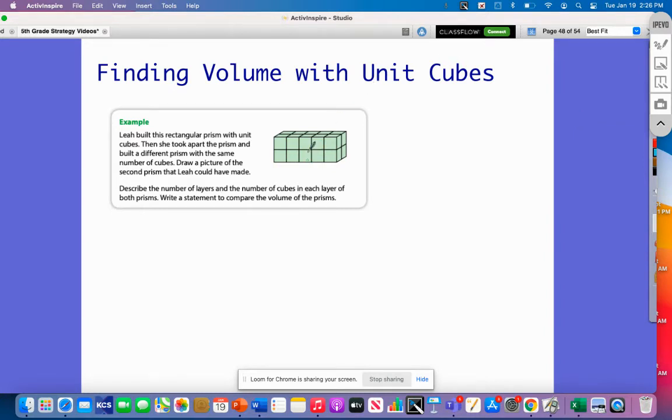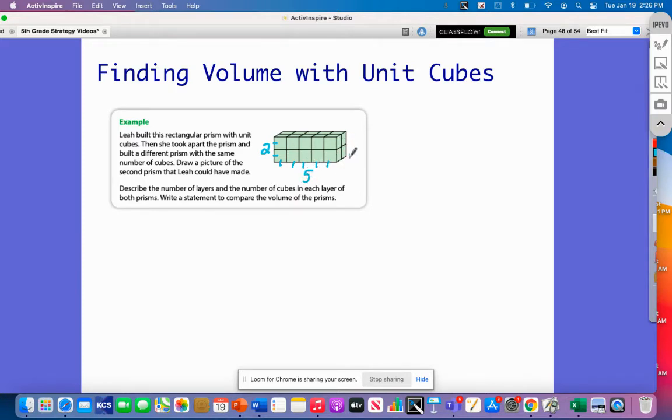Okay, we're going to look at this prism right here. It doesn't matter which one you call length, width, or height, as long as you have 3 measurements. This right here would be 2, because I can count 1, 2. Then I'm going to count the length down here, 1, 2, 3, 4, 5.